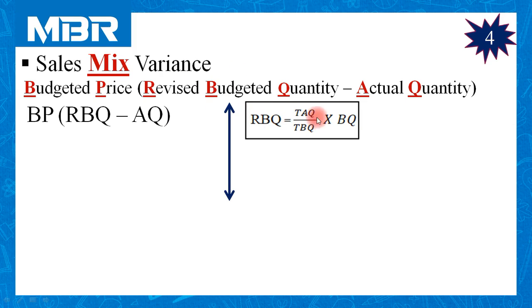RBQ equals TAQ divided by TBQ multiplied by budgeted quantity of concerned product. Let us calculate for X. 18,000 units total actual quantity divided by total budgeted quantity 15,000 units multiplied by budgeted quantity of product X, 8,000 units.